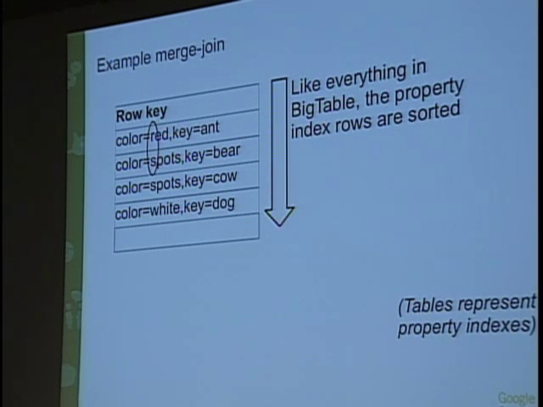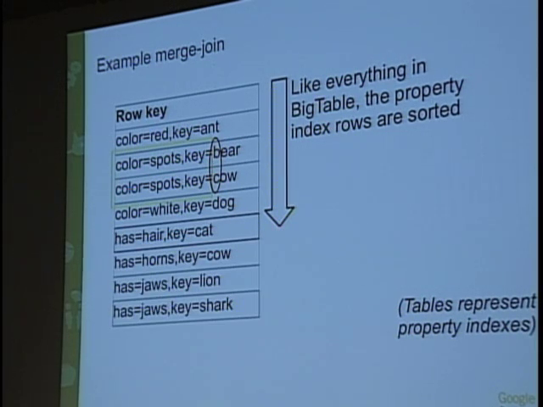In fact, the red comes before the S in spots, so R before S. You also notice that here, color equals spots, comma, key equals, those are the same in these 2 rows. But what's different is that bear comes before cow. Again, this is all sorted.